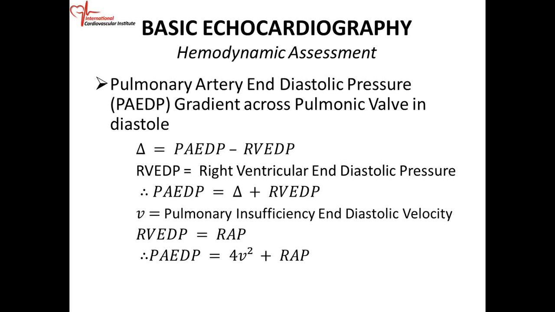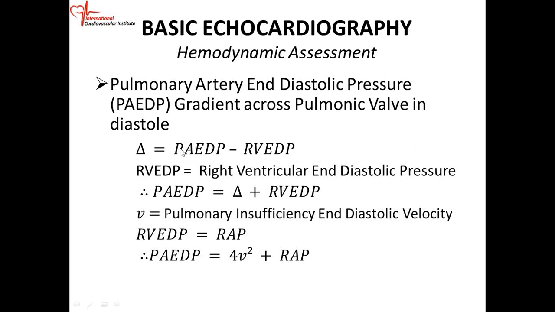The velocity of that diastolic envelope, if you square it and multiply it by 4, that is the gradient across the pulmonic trunk and the RV.